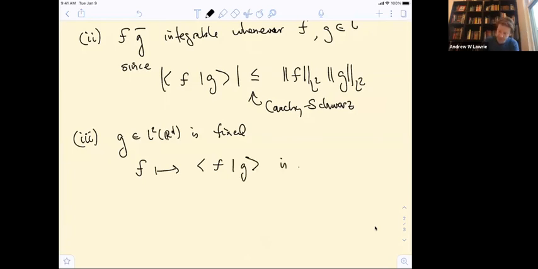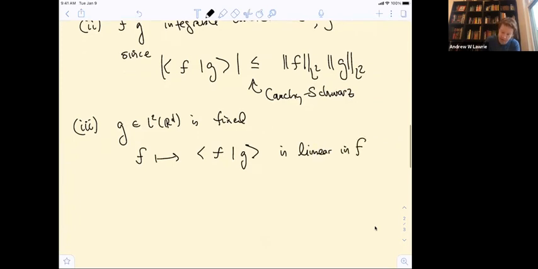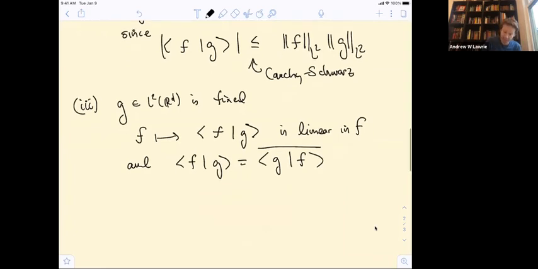This is linear. It's a linear mapping, and it satisfies this property. And then 4, you have the triangle inequality.